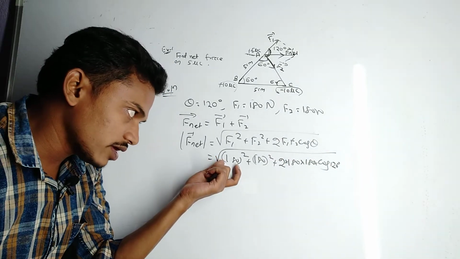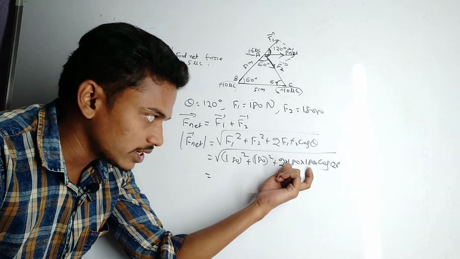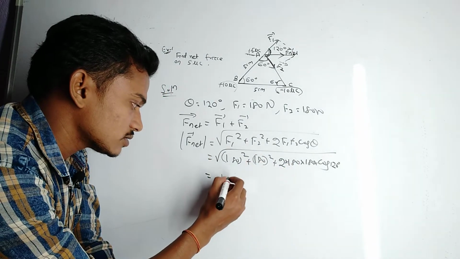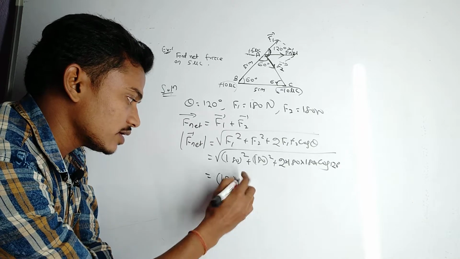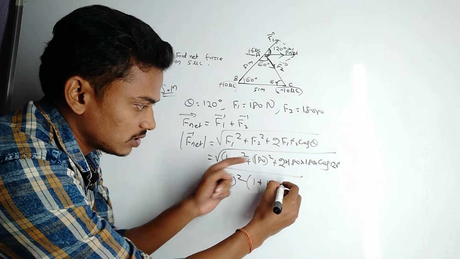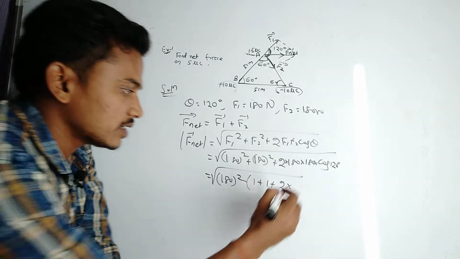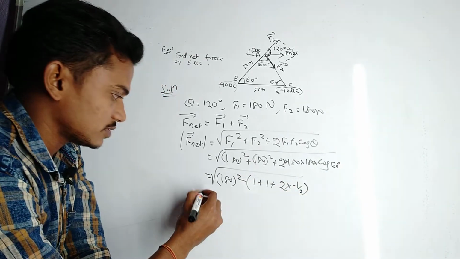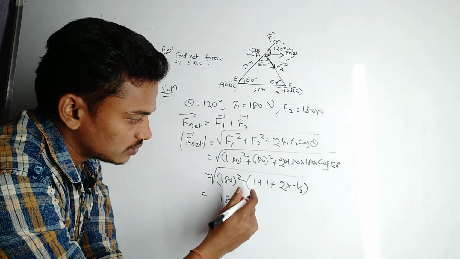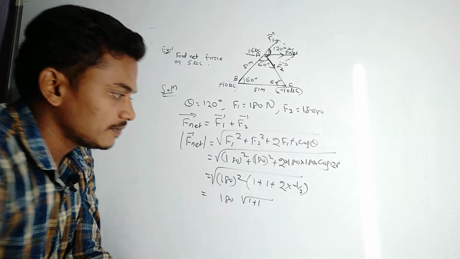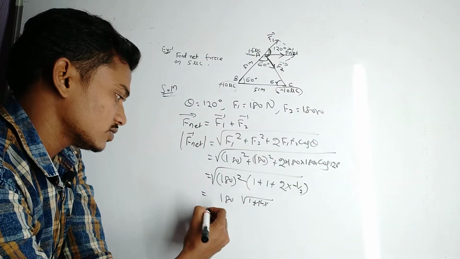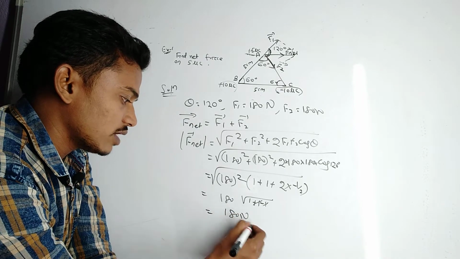Taking 180 square common, we get 180 times the square root of 1 plus 1 plus 2 into cos 120 degrees, which is minus half. So 180 into root of 1 plus 1, the 2 cancels out, minus 1 plus 1 cancel out, so the answer is 180 Newton.